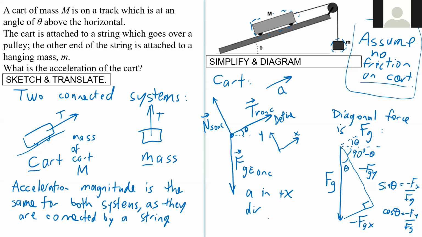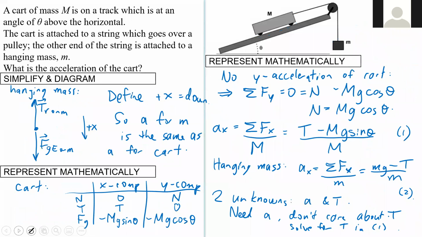You can keep y being vertical if you want, but I always find it much easier to tilt your coordinate axes. I do that so that there's no y component of the acceleration. All the acceleration is along the track. So if you know it's not accelerating away from the track or into the track, then you get a whole other equation that way really easily.